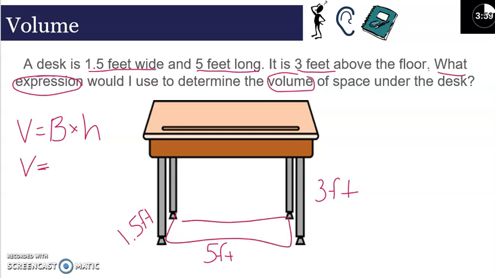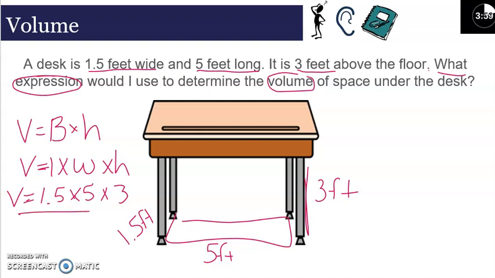For my base, I have 1 5/10 feet and 5 feet. So remember, that is a rectangle. So in this case, it's going to be length times width. And I'm going to bring down my height here. So I have 1 5/10 feet times 5 times my height here. Here's my height. It's 3. So in this case, this is my expression. Okay. Volume equals 1 5/10 times 5 times 3.